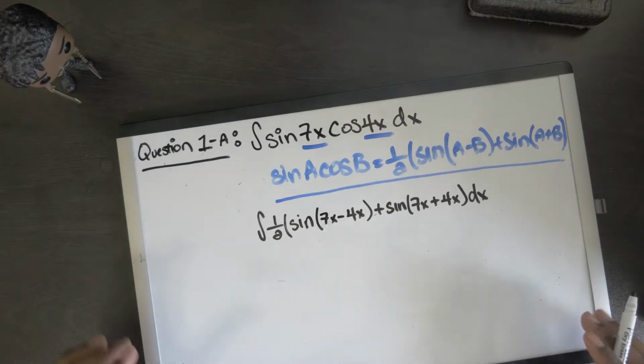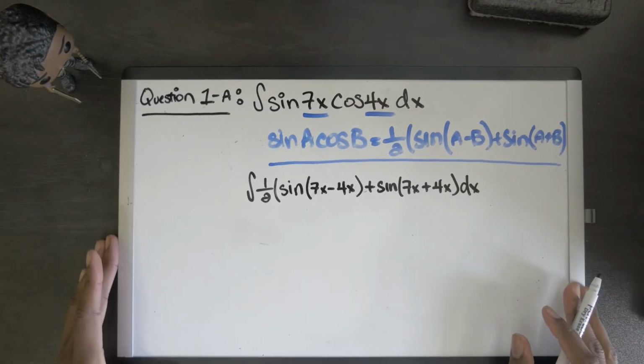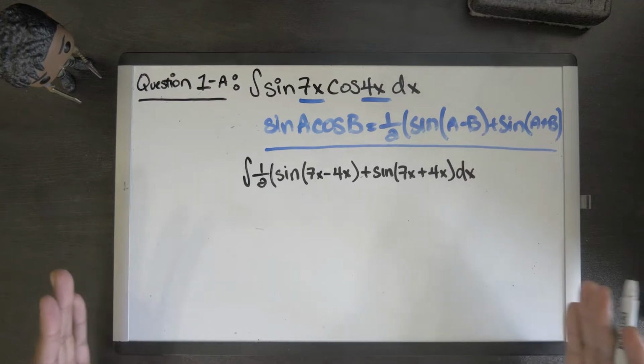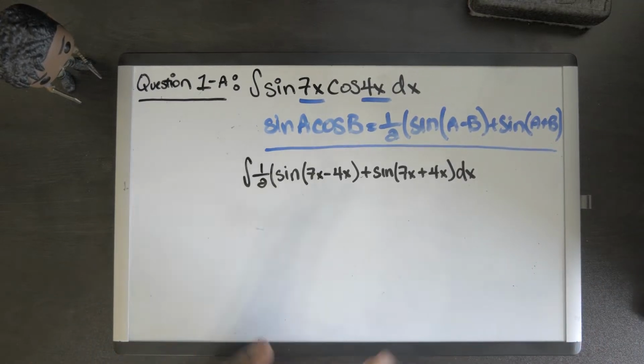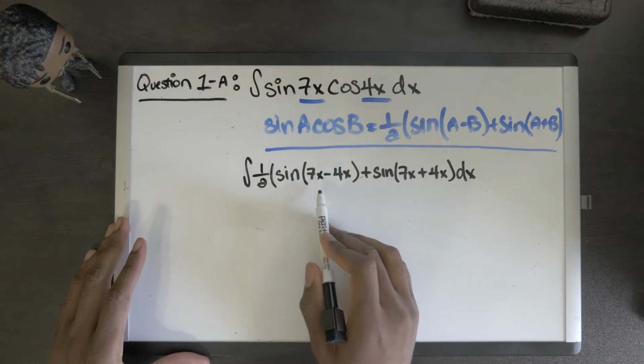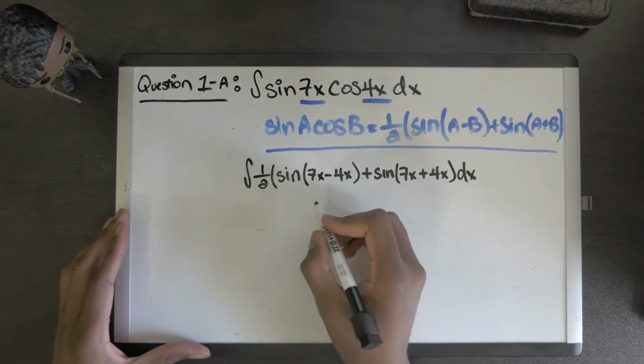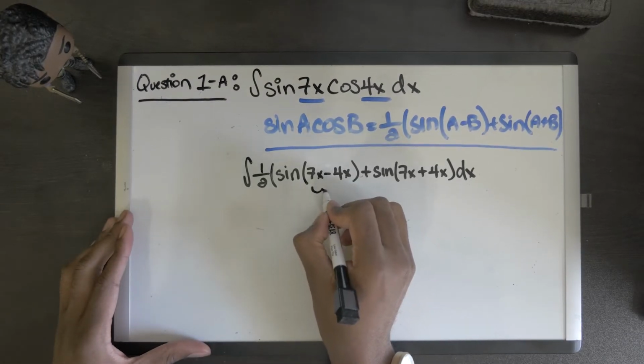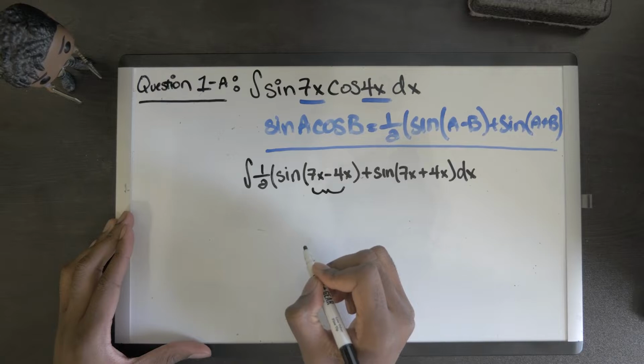So, with that being said, now that we have our new integral, this is where we're going to start to try to condense it down so that we can get an integral at the end that we can simply find the value of. So, now let's go ahead and look in terms of what's in the parentheses. With the parentheses here for the first sine, this is going to condense down to 3x.